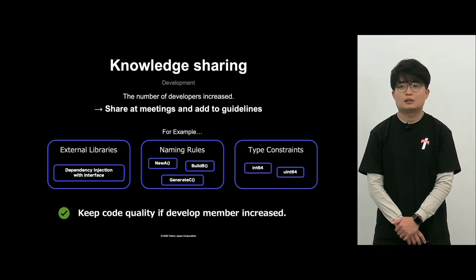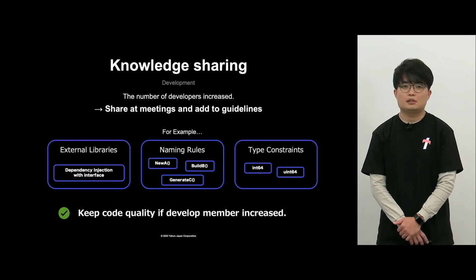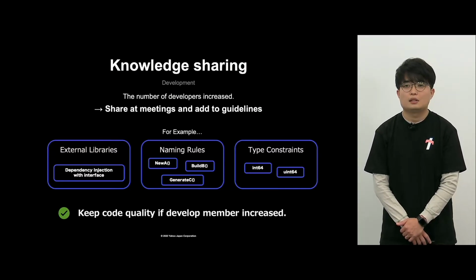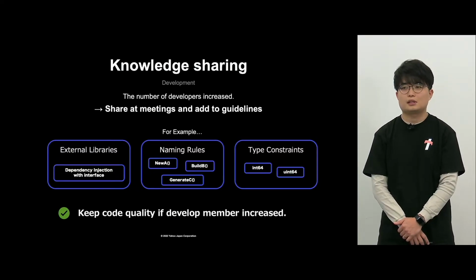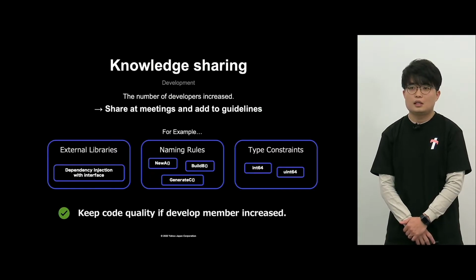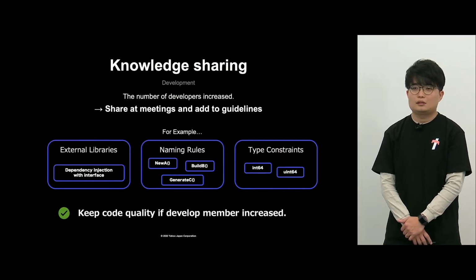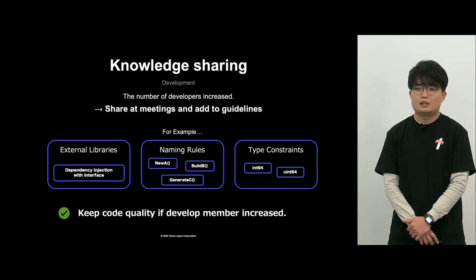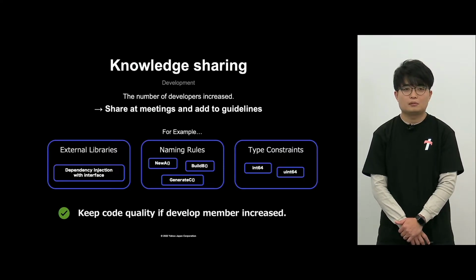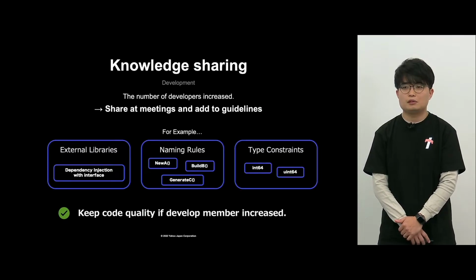Specific examples of knowledge include how to use external libraries, naming conventions, and restrictions on types. In using an external library, we make it so that an interface is created, and also how to name the functions, and int64 is basically used, and also in implementation, if we have different choices, we create a guideline.